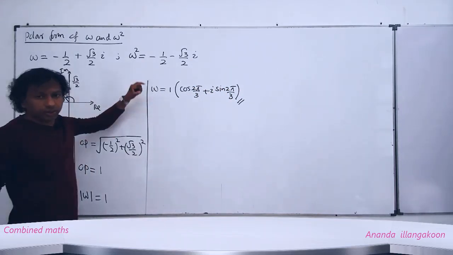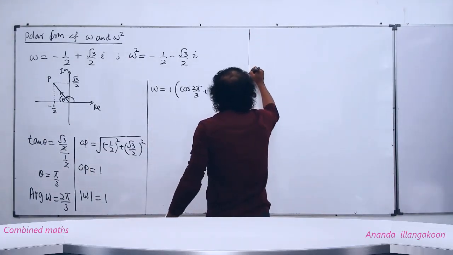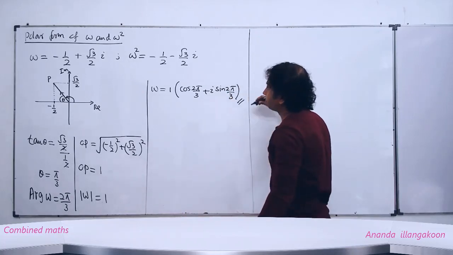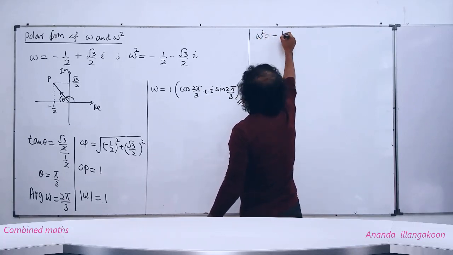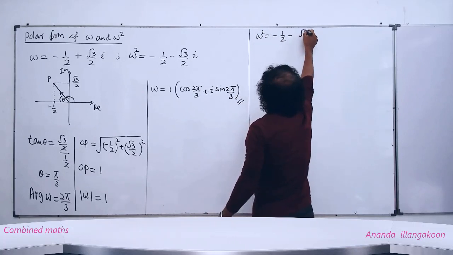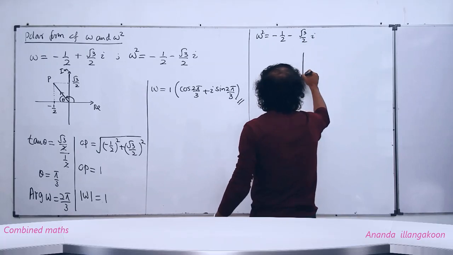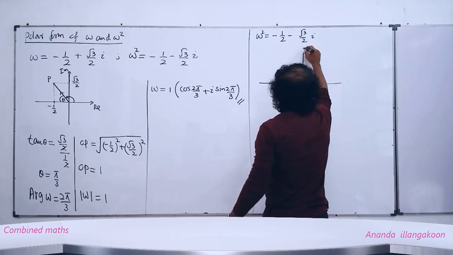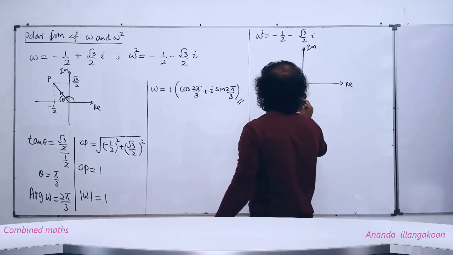Now come to this omega squared. Omega squared is minus half, minus root 3 by 2 i. Minus half is here, minus root 3 by 2 here.